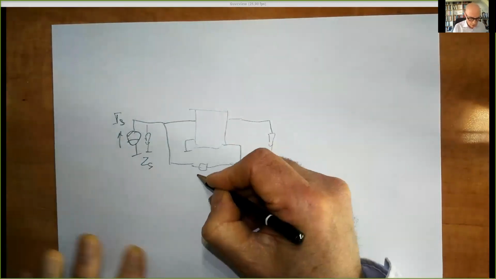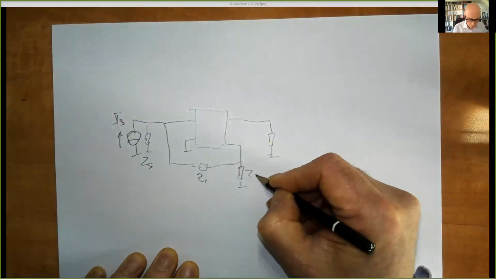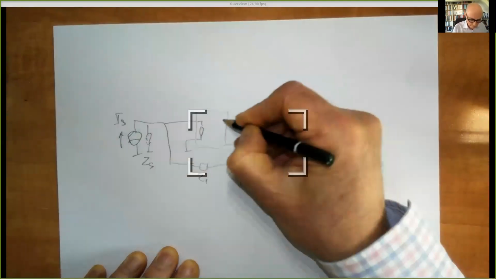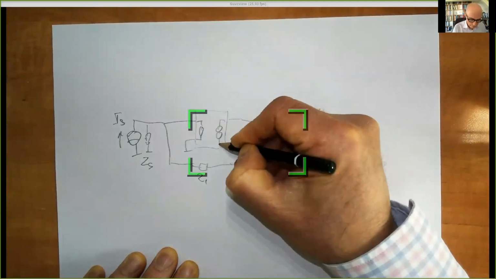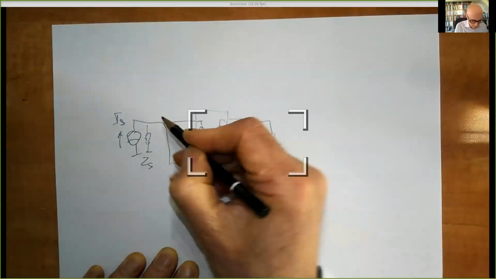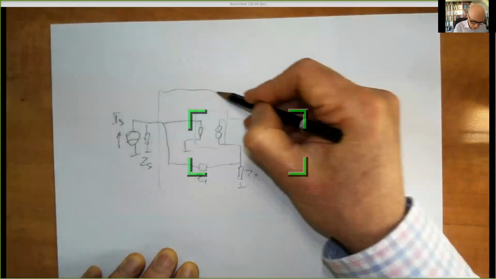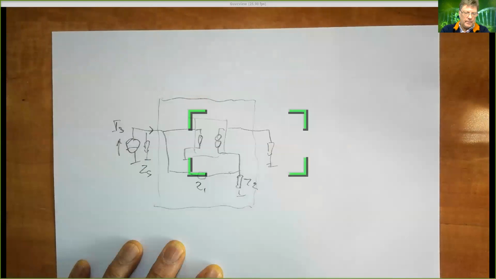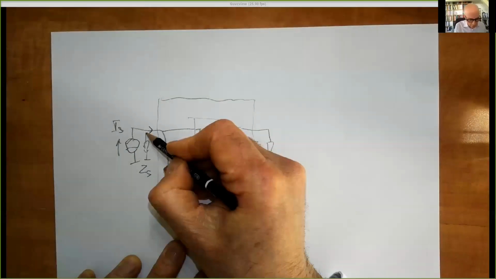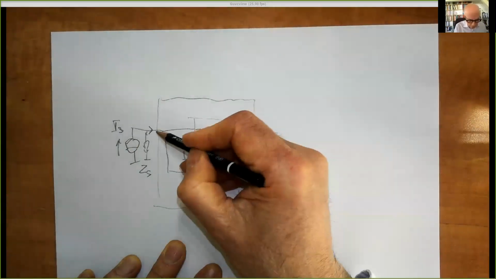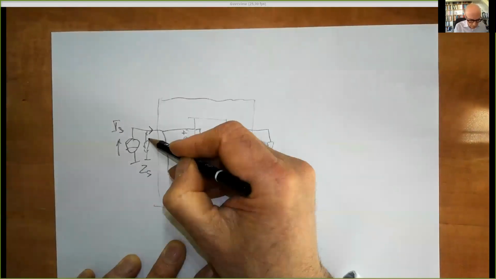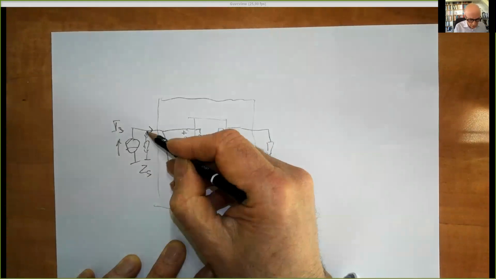Now, if this controller is a nullor, then we have, this is the amplifier, an input current which is not zero because that is the source current. The voltage here is zero. So there is no current flowing in this impedance.